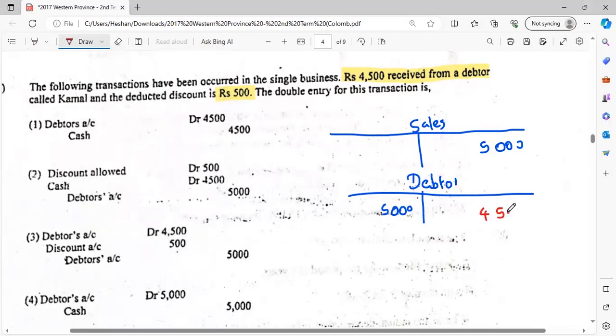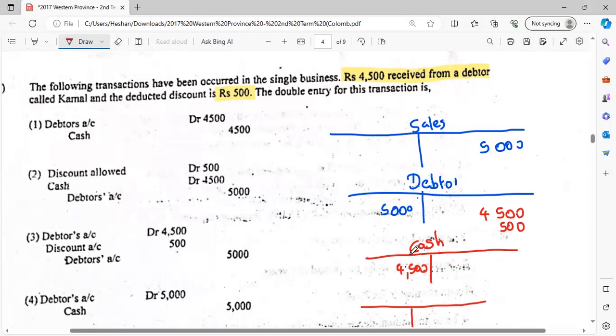So the debtors account is credited 4,500 and the cash book debited. If we balance this, we can identify 500 as balance carried down and balance brought forward. So it's wrong, because we already allowed 500; we need to credit this 500 to the debtors account again.